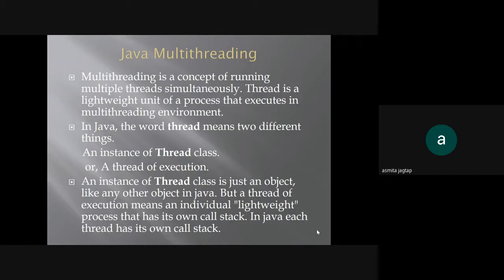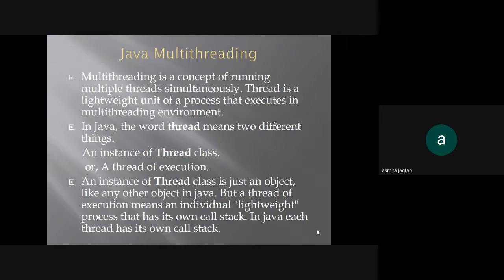In Java, the word thread means two different things. Thread means the instance of a class, or it is the actual execution of a thread. So Thread class is one class, and second, execution of thread means an object of the thread is executing, processing something. So there are two different meanings of threads.